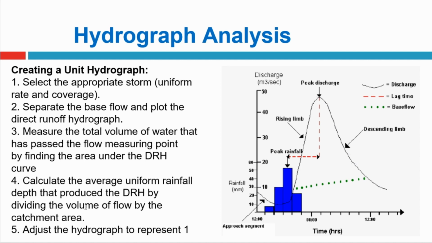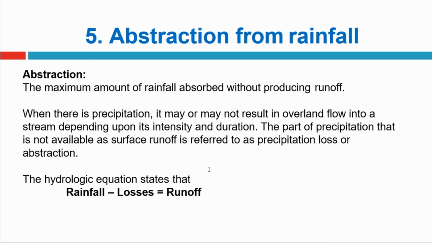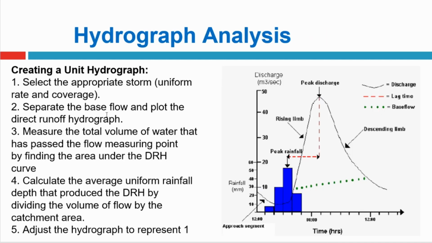DRH is nothing but the direct runoff hydrograph. Divide the volume of flow by the catchment area and adjust the hydrograph to represent it. So this is how we derive the unit hydrograph.